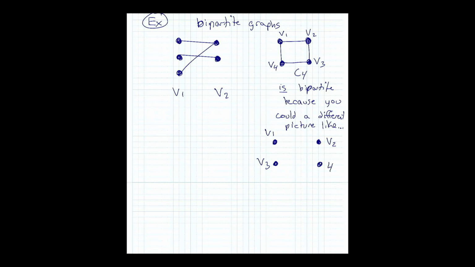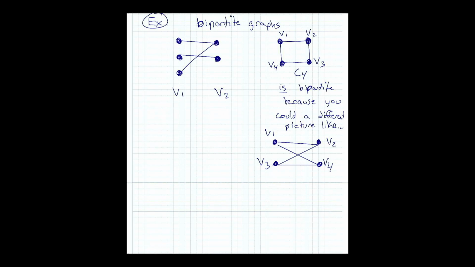Then for your edges you've got an edge from V1 to V2, then V2 to V3, then V3 to V4, and then V4 to V1. Look at that.